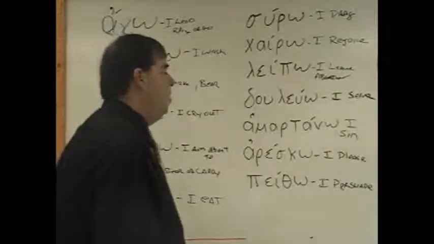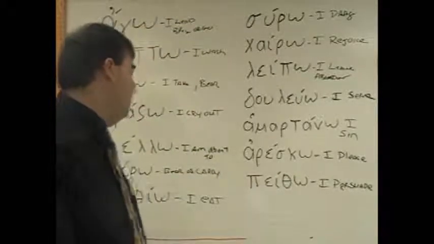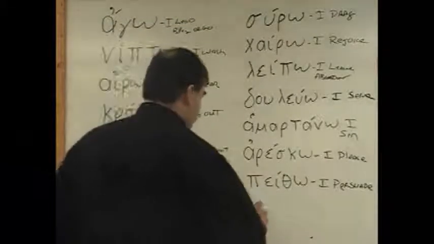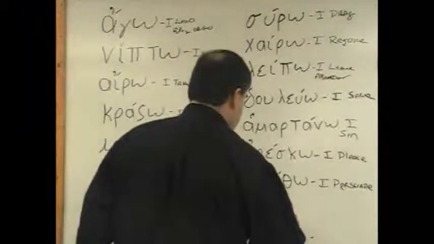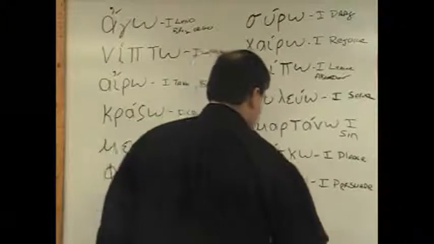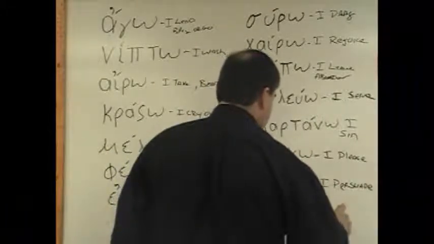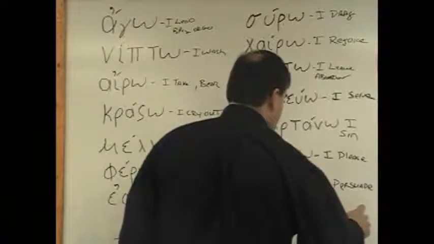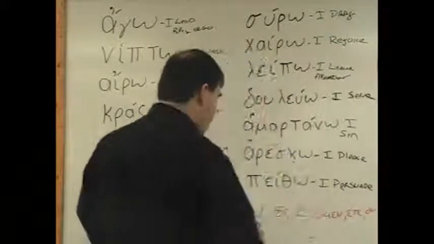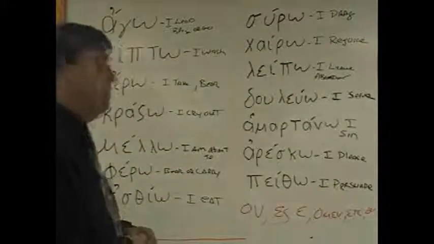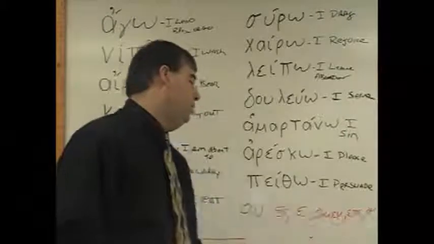Let's take douleuo and change it to an imperfect. Let me write some endings up here real quick of the active: on, es, e, omen, ete, on. I don't honestly know if you can see those very well. I just put them up there for us to look at. On, es, e singular; omen, ete, on plural.